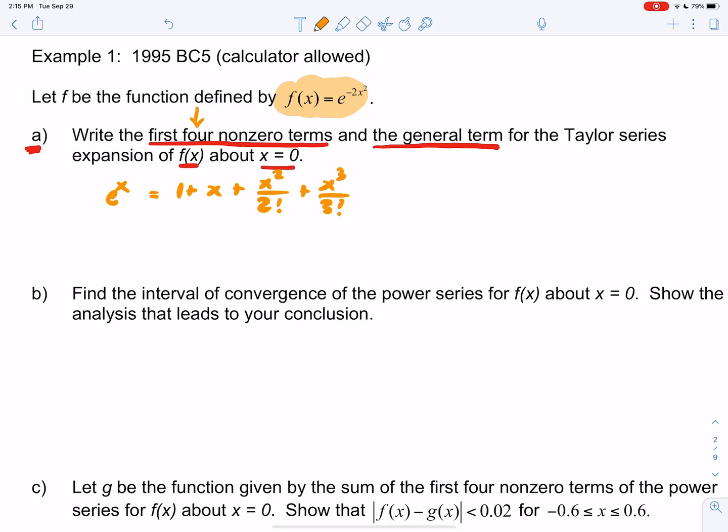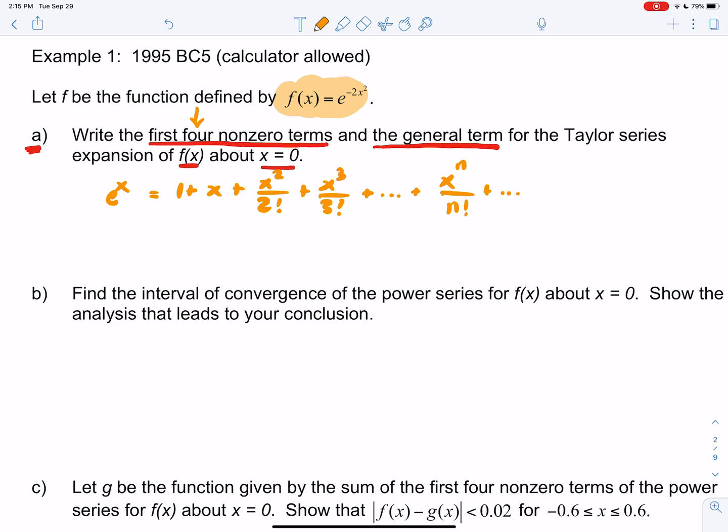Notice how they said first four non-zero terms. I have 4 exactly right here. So I'm going to go ellipses, and then this is where I squeeze in my general term. My general term is going to be x to the n over n factorial plus dot dot dot to make it go on forever and to make that equal, okay?